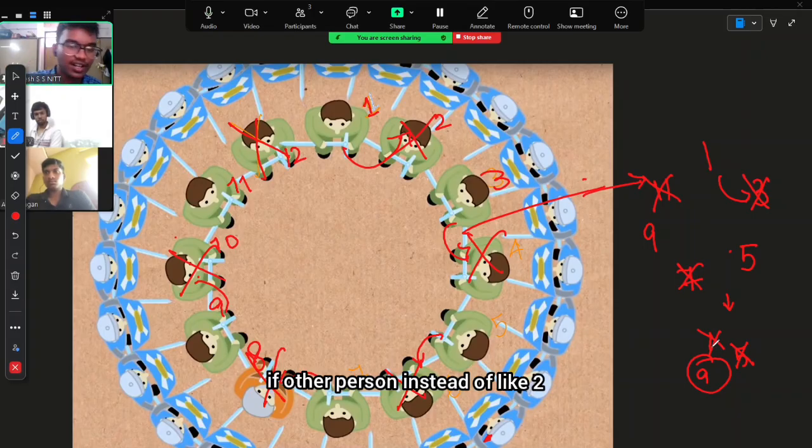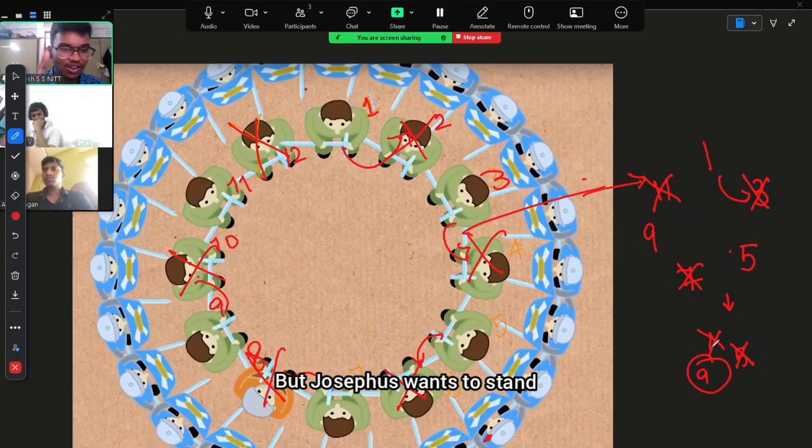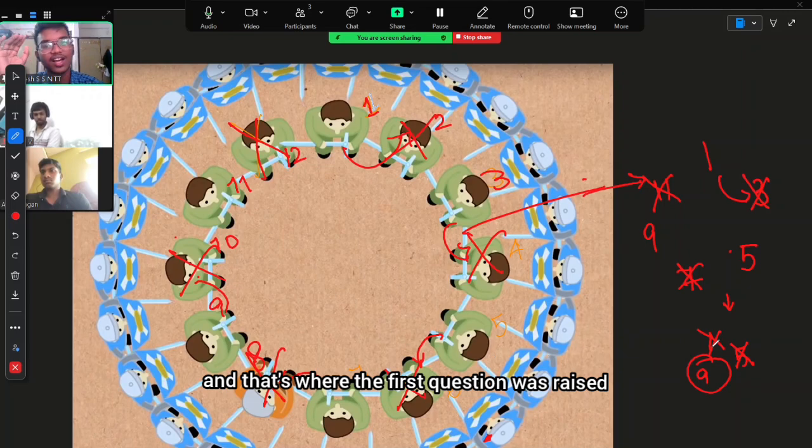If other people, say two or three, had decided on this plan, they would commit suicide and not go to the enemy team. But Josephus wants to stand as the last person and be captured by the enemy and not be killed. So that was his whole idea, and that's where the first question arose.